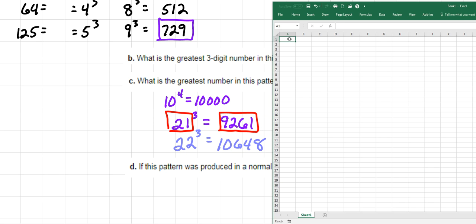If we were to do the pattern, this would be 1 cubed, 2 cubed, 3 cubed, 4 cubed, and I can show you that by simply typing in equals 1 cubed, and then equals 2 cubed, and you'll note that we have 1 here, and I cube it, I get 1 over here. We have 2 here, and I cube it, I get 8 here. 3 is right here, so we'll cube that, equals 3 cubed.